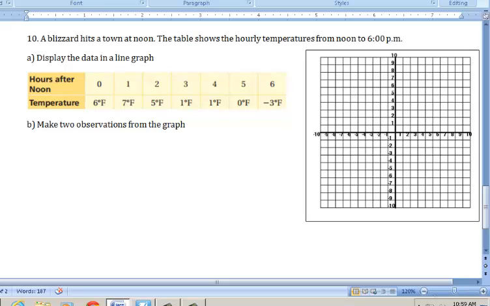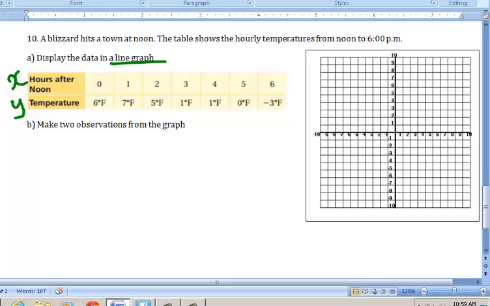It says a blizzard hits a town at noon. The table shows the hourly temperatures from noon to 6 p.m. and we have to display the data in a line graph. Remember that, line graph. As we know, the first one is always the x, and the second one is always the y, or as in science you've learned, this is the manipulated variable, the x, and the y is the responding variable.